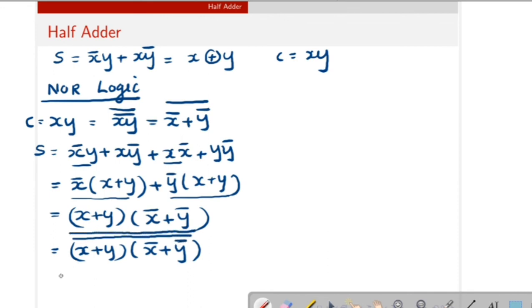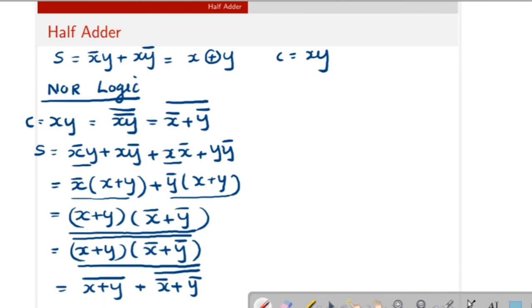Apply De Morgan's, that is x plus y whole bar plus x bar plus y bar whole bar, right? So here we have carry is equal to x bar plus y bar whole bar. Here also one term is the same as carry, so you can easily implement this circuit.